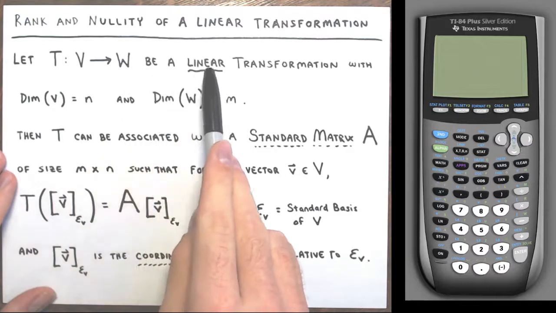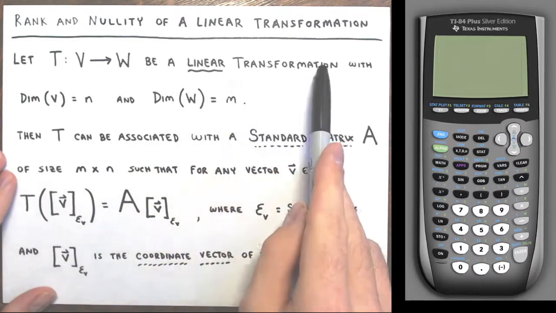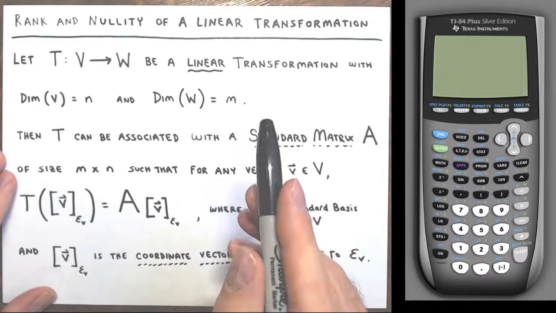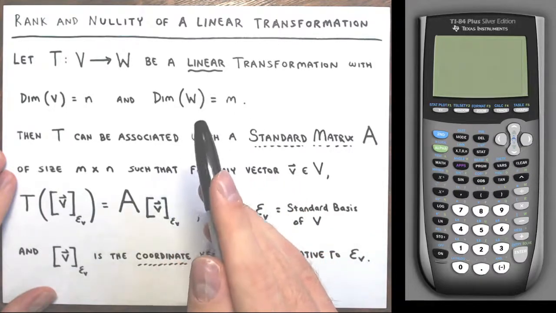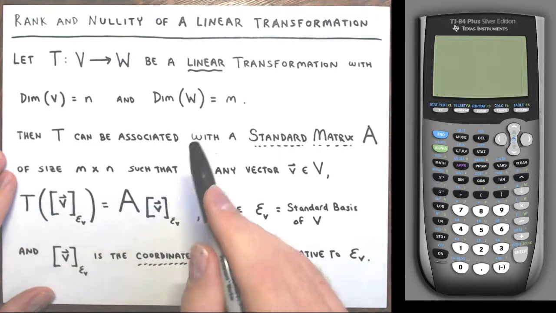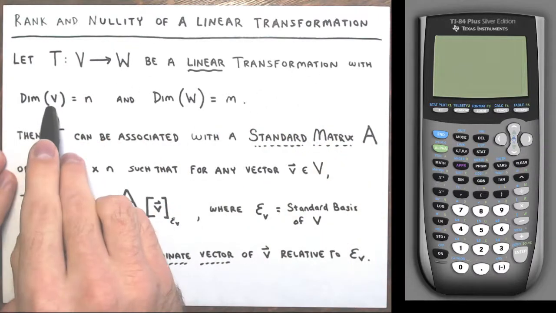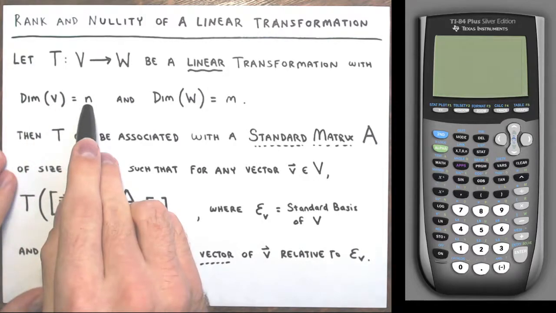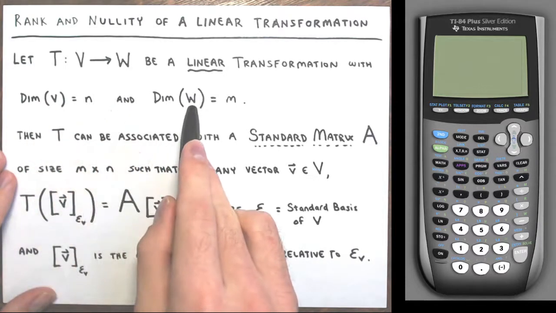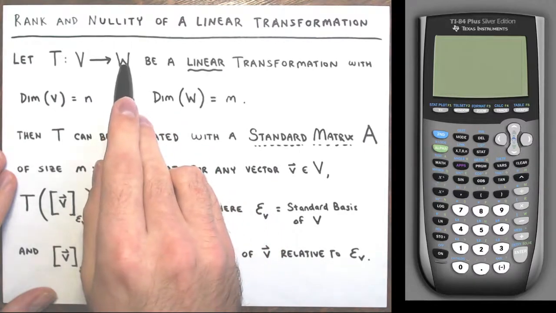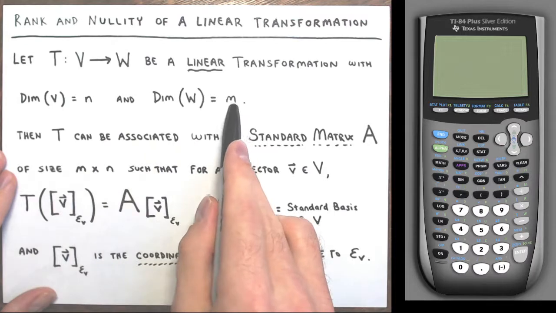And suppose T is a linear transformation, meaning that it satisfies the additivity and homogeneity properties that need to be satisfied for a transformation to be considered linear. With the dimension of the domain V being, say, n, and the dimension of the codomain, the vector space W, having dimension m.